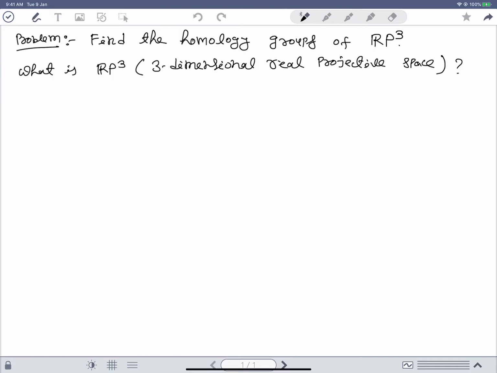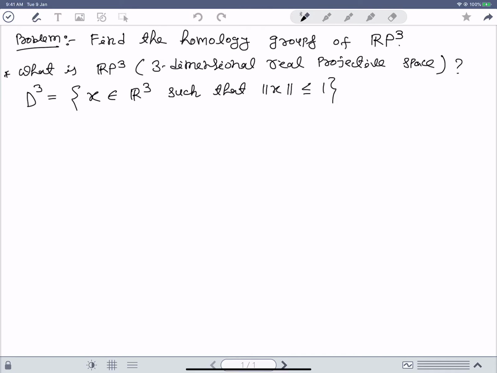So first of all, we denote D3 by all the vectors x in R3 such that the norm of x is less than or equal to 1.